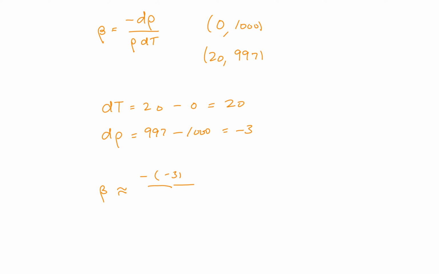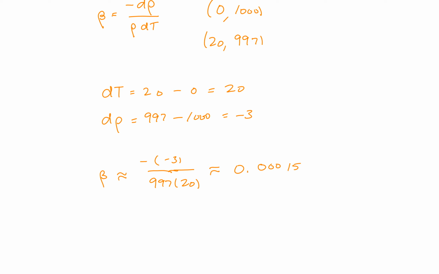So the rho here is 997 and then the dT is 20. And so if you were to evaluate this with a calculator, we get about this for our estimation. Okay, let's try one more example to see one more way we can use differentials in this setting.